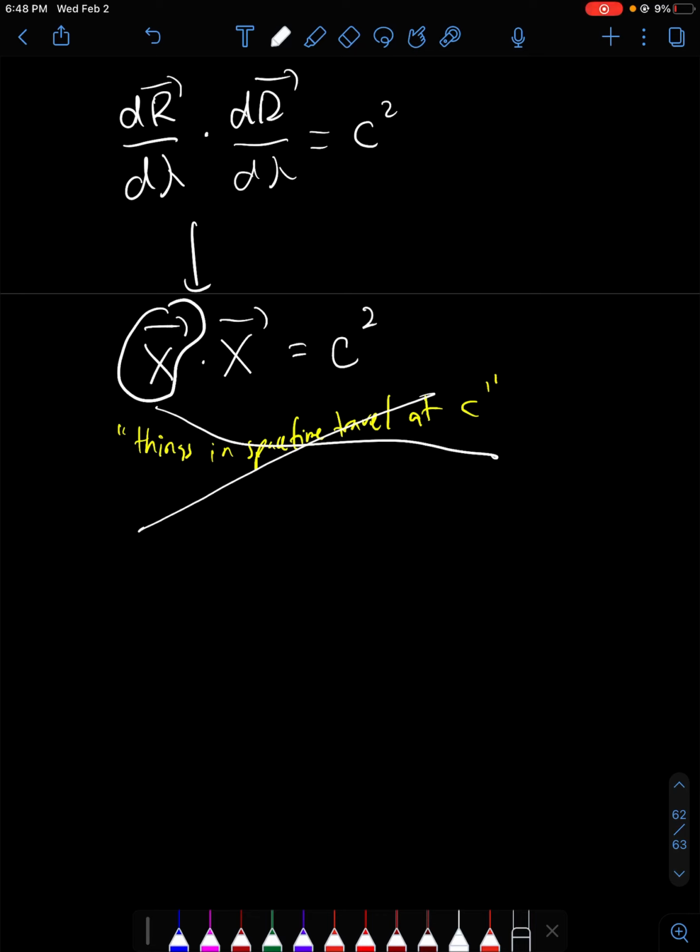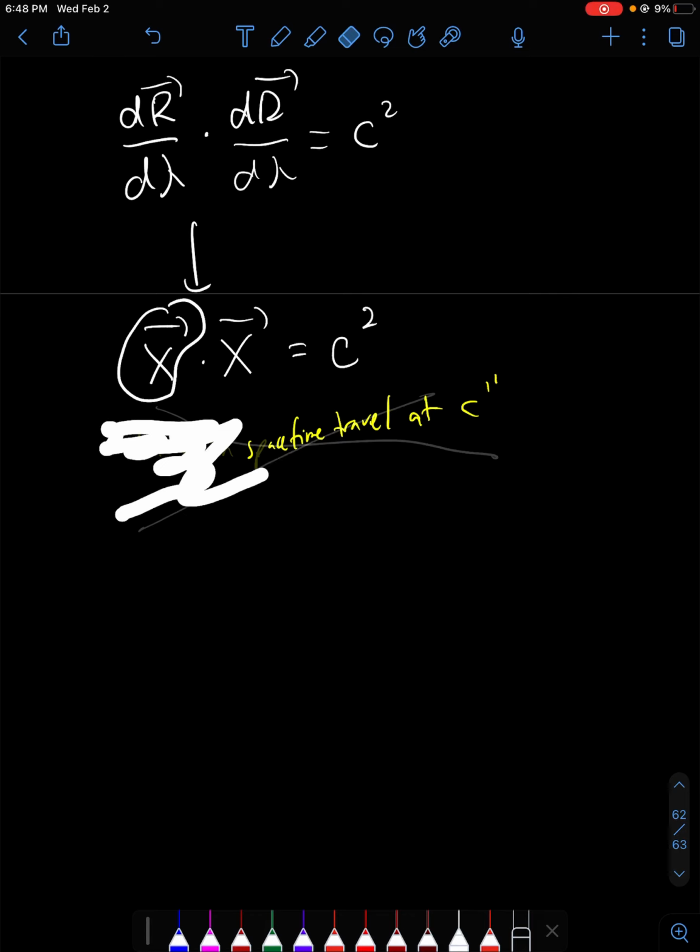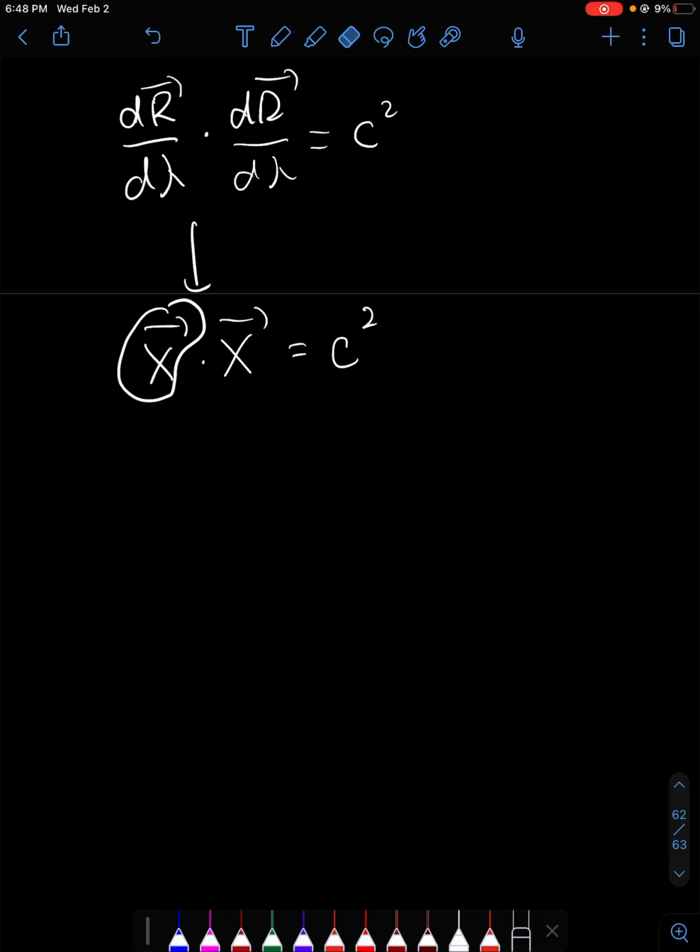It just represents the tangent vectors along some path. It doesn't actually correspond to the normal, usual velocity that we know. So that's where the idea comes from, but it's really just more of a pop sci relic, if you ask me. But that's the gist of it. The dot product of some space-time tangent vector is going to be c squared.